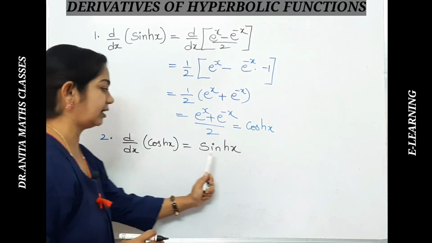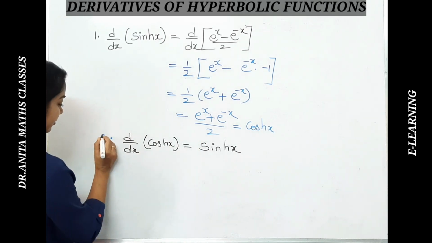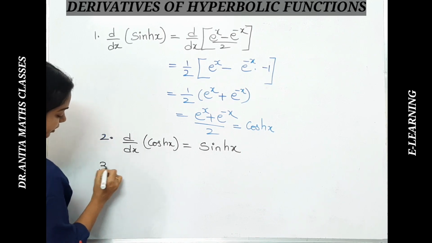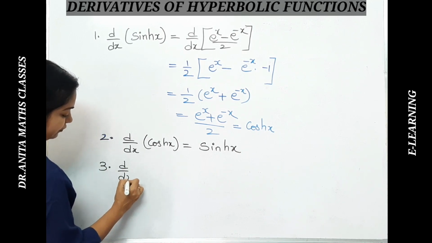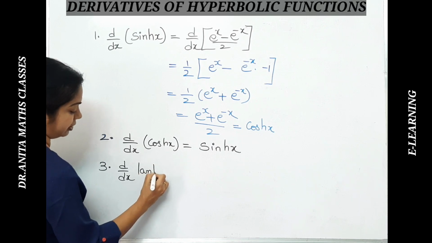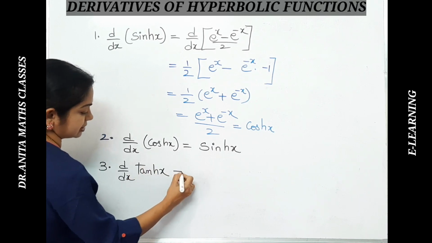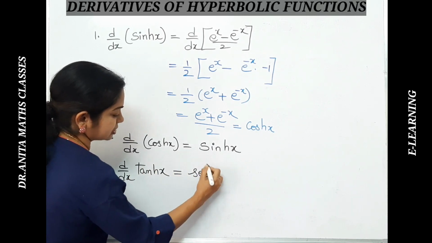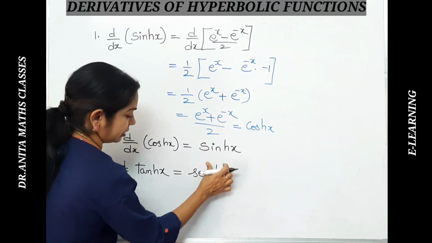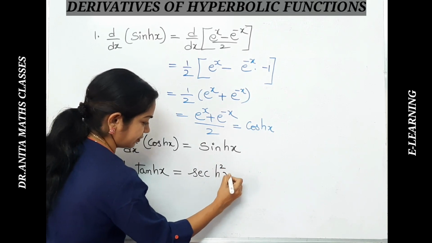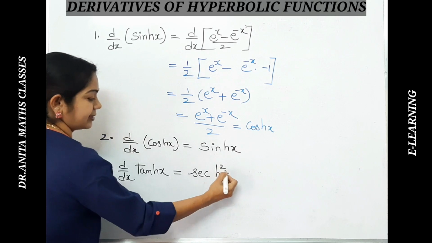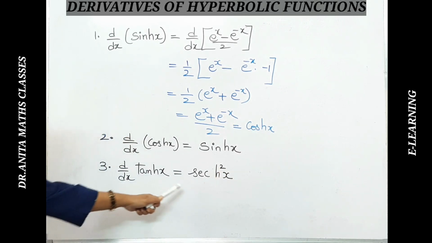But in the hyperbolic functions, we do not get that. Now the third function: the derivative of tan hyperbolic x, tan hx, is equal to secant square hx. Write the square for the hyperbolic function. Secant h square x here.